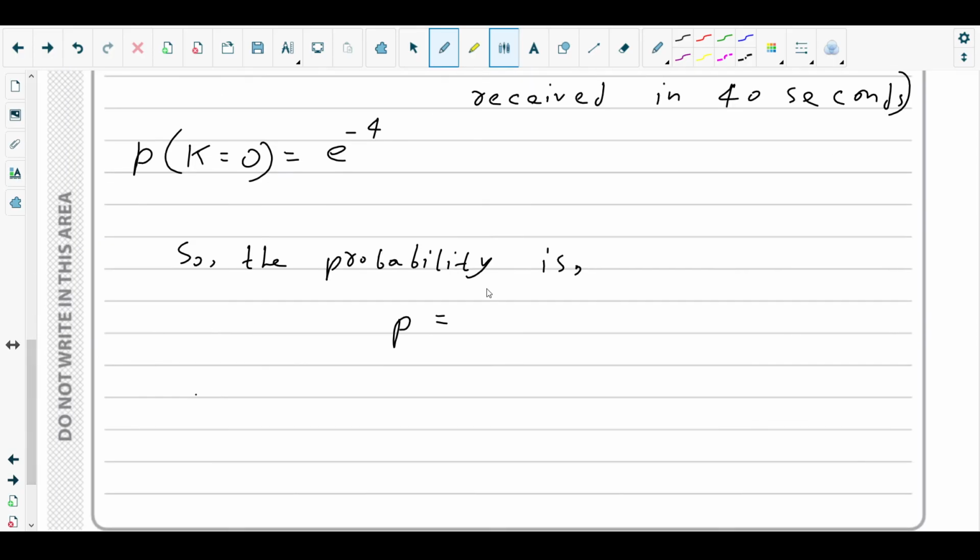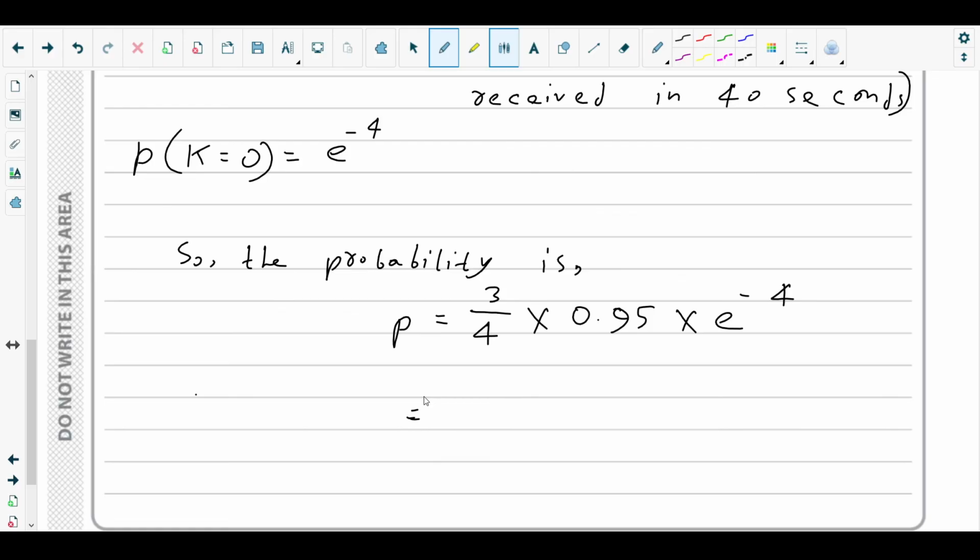Let's maintain the sequence. 3 over 4 comes first, the probability of answering the call by the receptionist within 40 seconds. Then 0.95, connected to the right department, times e to the power minus 4, no calls received in the next 40 seconds.